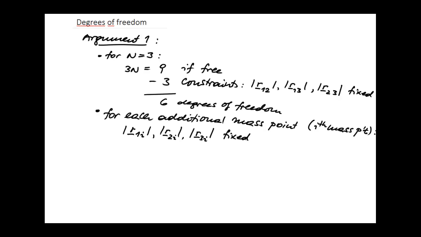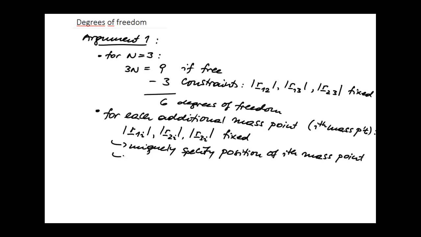Now, when you impose these 3 constraints, so I have 3 mass points distributed in space, and I bring in another mass point, and I fix all the distances to the given first 3 mass points, then already this specifies uniquely the position of your additional mass point. So already these constraints uniquely specify the position of the ith mass point.